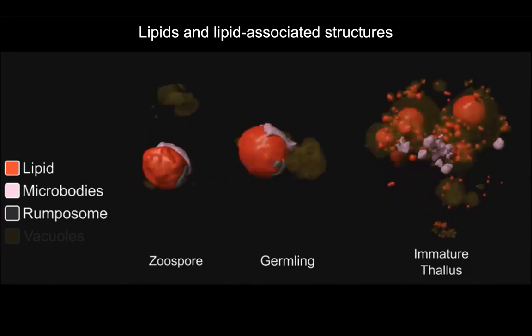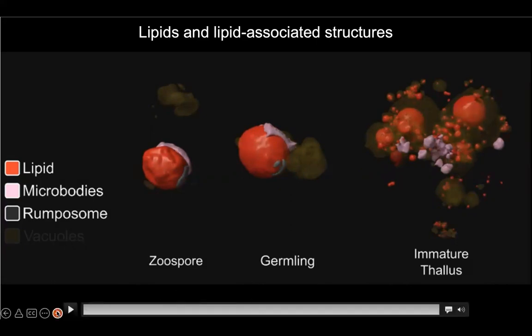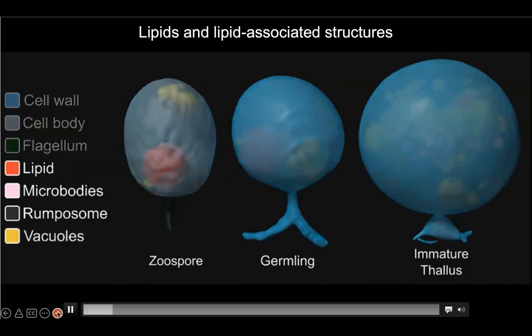In the zoospore and in the germling stage, we get a single distinct lipid globule. But then when we move into the immature thallus stage, you can see all these separate lipid pieces really dissipated within the cell. And what we actually think is this is the genesis of new lipid. So in the immature thallus stage they're producing new lipid.